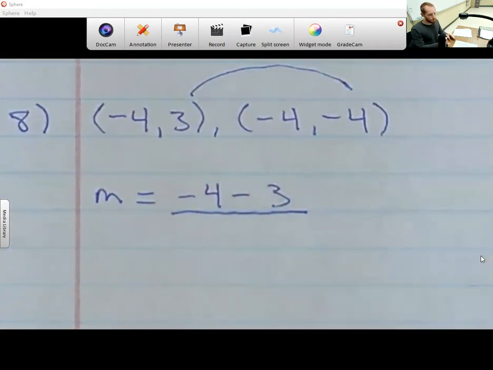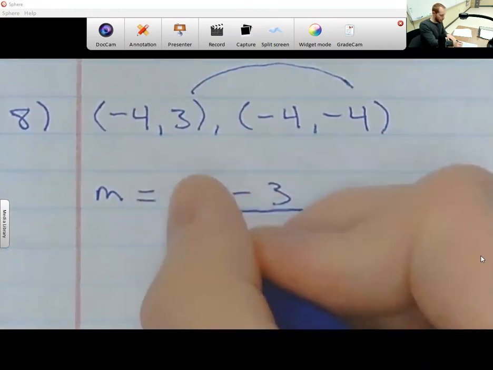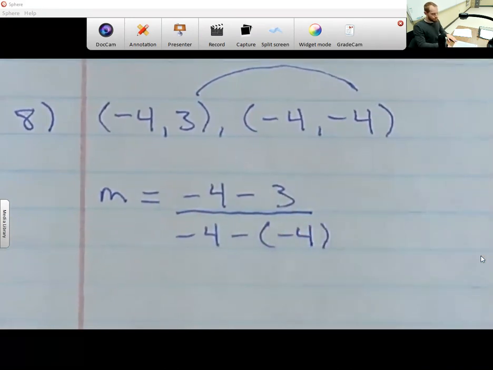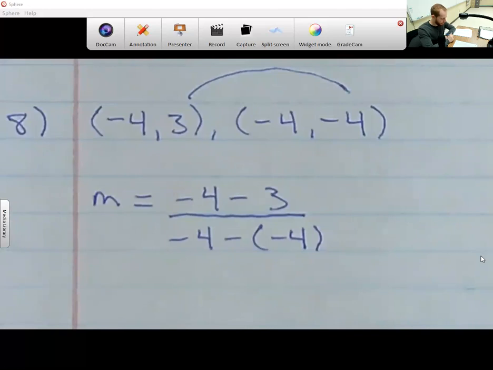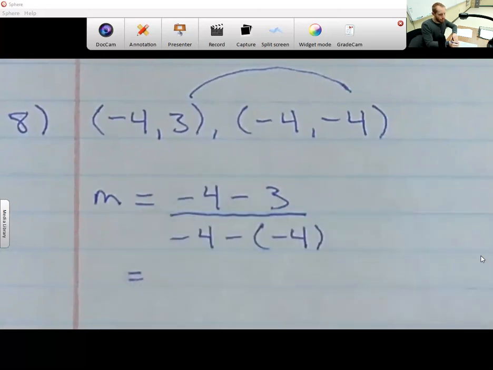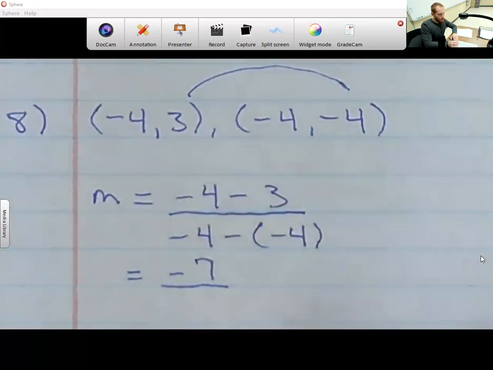But then on the bottom, we're going to have the x coordinates, -4 minus -4. Okay. So on the top, I'm going to get -4 minus 3. That's going to be -7. On the bottom of the fraction, I'm going to have -4 minus -4. That's the same thing as -4 plus 4, which gives me 0.